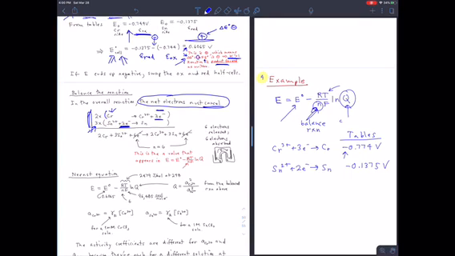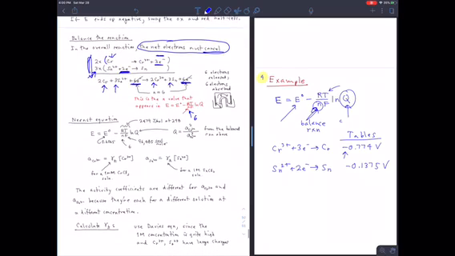If I add these two together, you can see that I'm going to get 6 electrons produced and 6 electrons consumed. That means that my stoichiometric coefficients for chromium and tin aren't 1s. They're 2 for chromium and 3 for tin. All right, but that means that my N value here that I need for the Nernst equation is 6.